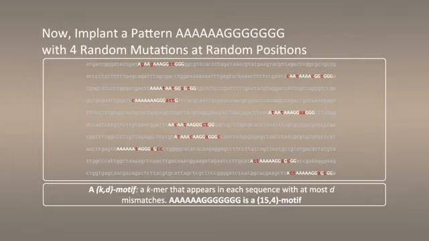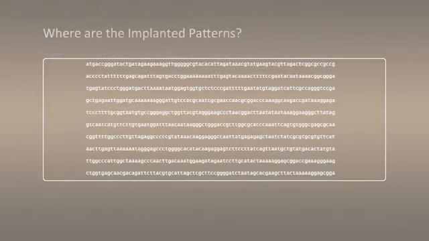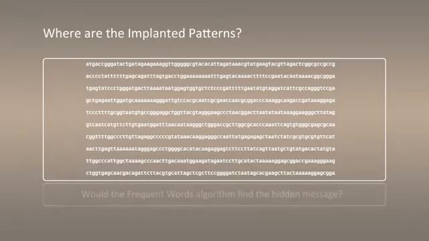And in this case, this pattern forms a so-called (k, d)-motif, which is a k-mer that appears in every sequence with at most d mutations. Can you find such a pattern if I hide from you where I inserted it? Do you think that the frequent words problem will be able to help us?